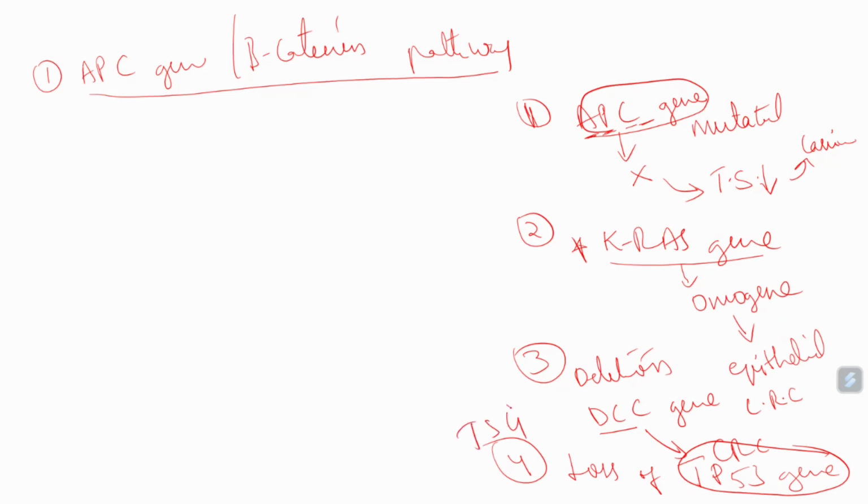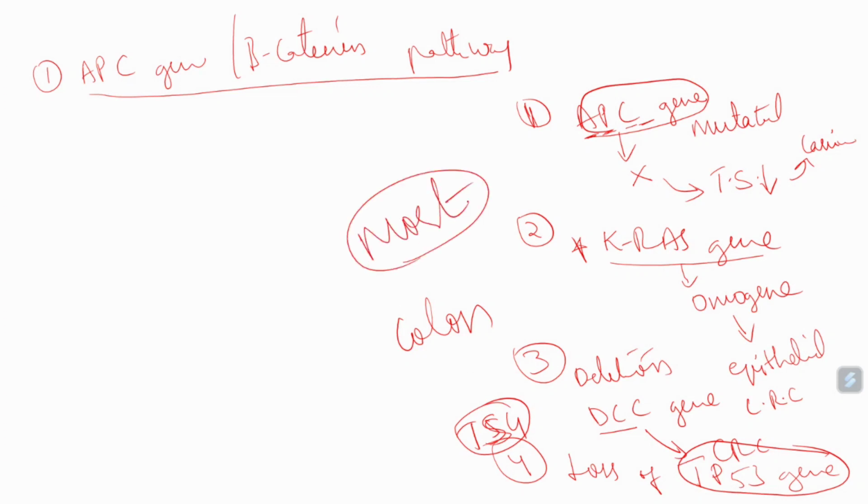This tumor suppressor gene is not only suppressing carcinogenesis in the colon, but its activity is present in most of the tissues in our body. That's why TP53 is called the guardian of the genome. I already told this point in the initial classes.